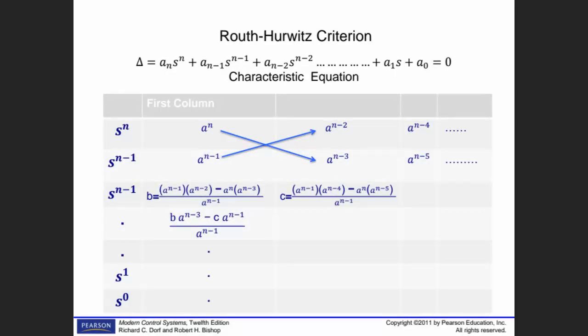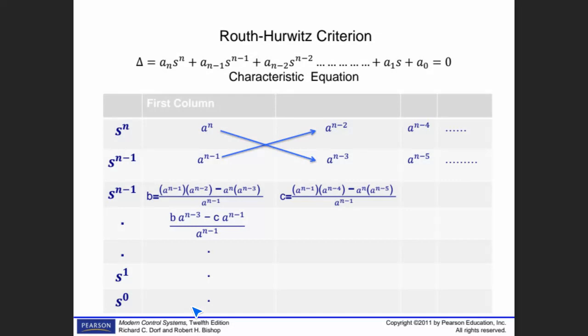So the first line you obtain should not change any direction. Any change from plus to minus or minus to plus means that you have that number of poles located in the right hand side.